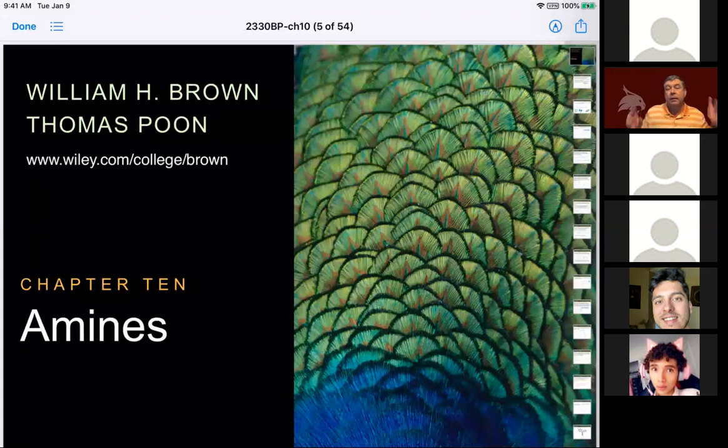Okay, so last time we talked about alcohols and thiols, and the key there was that we had some atom other than carbon bonded to a hydrogen, and those bonds are more polar than the carbon-hydrogen bonds, at least in the case of the oxygen, and about the same polarity as with the sulfur and hydrogen bond. Here we're going to talk about amines.